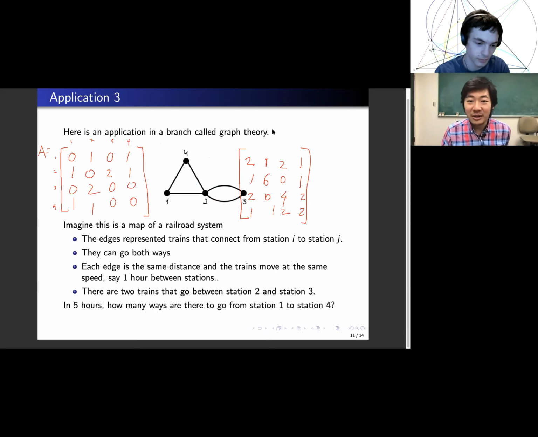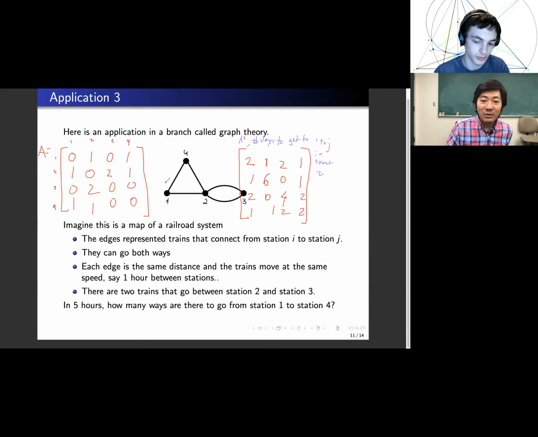You have these numbers. What do these numbers mean? Well, this is A squared, and what this gives you are the number of ways to get to stations I to J in exactly 2 hours here.